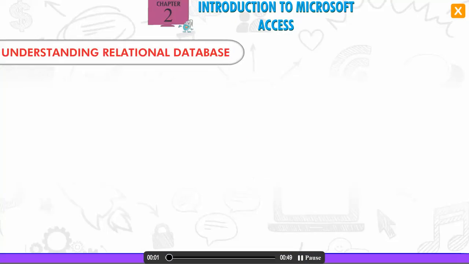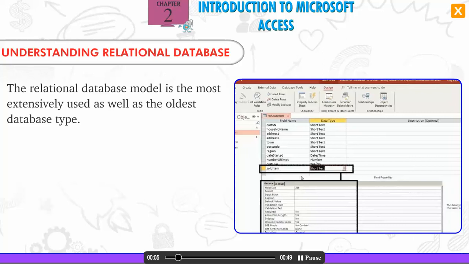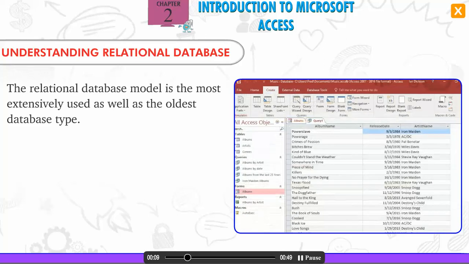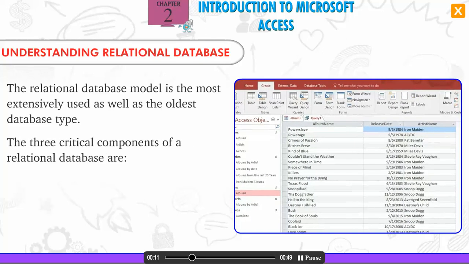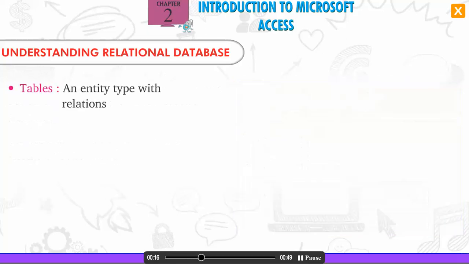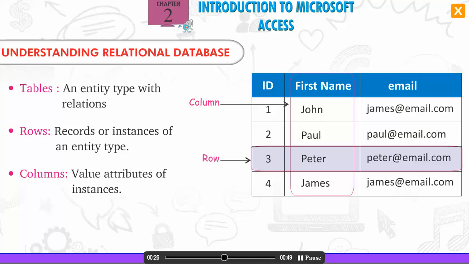Understanding relational database. The relational database model is the most extensively used as well as the oldest database type. The 3 critical components of a relational database are tables, an entity type with relations; rows, records or instances of an entity type; columns, value attributes of instances.